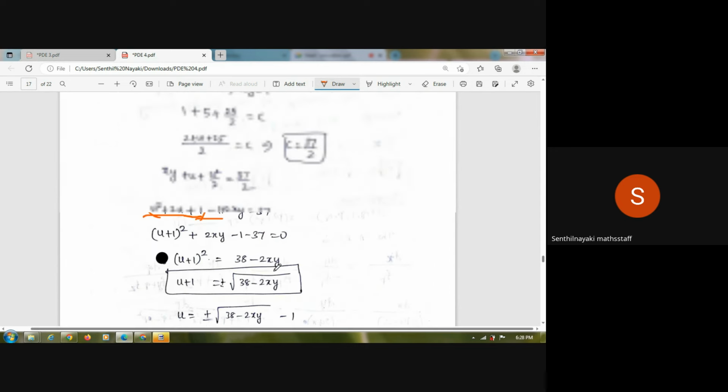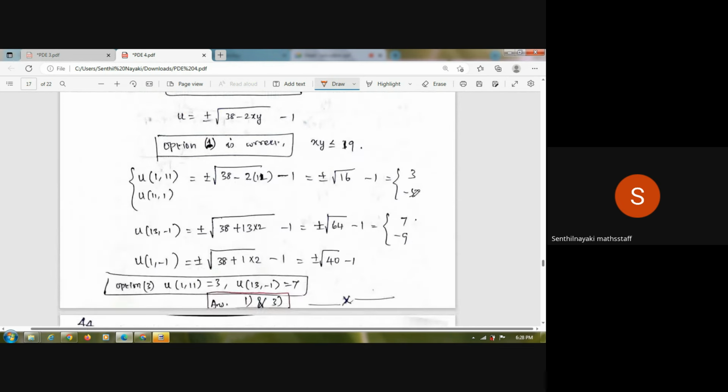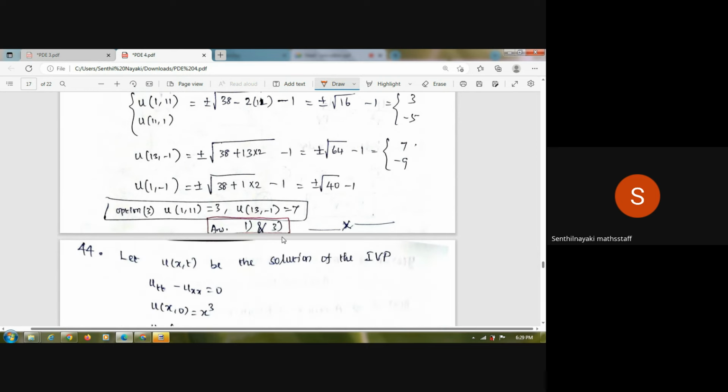Therefore, 3 comma 7 is correct, but here we have minus 5 comma 3, so that is wrong. In the fourth option we have 5 and minus 5, so this one is wrong. Option 3 is correct, option 4 is wrong. Therefore the correct answer is 1 and 3.